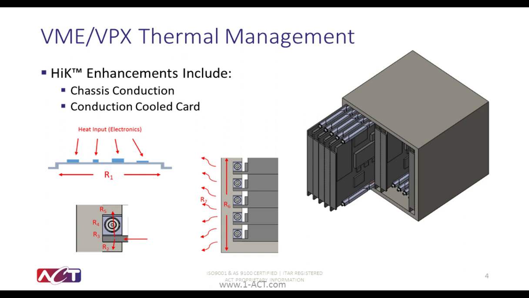This connection transfers heat to the card guide or the chassis, which then dissipates the heat to either liquid or air to the environment. For liquid cooling systems, the liquid is typically located toward the base of the chassis, while air-cooled systems have fin stacks surrounding the hot areas of the chassis. The thermal load, ambient conditions, and available air or liquid flow will determine the dissipation method.